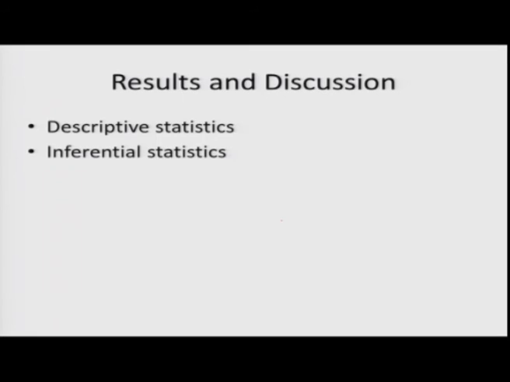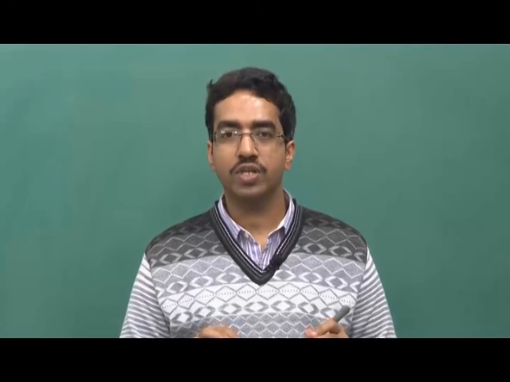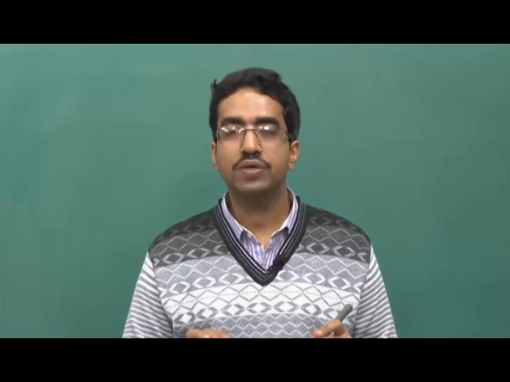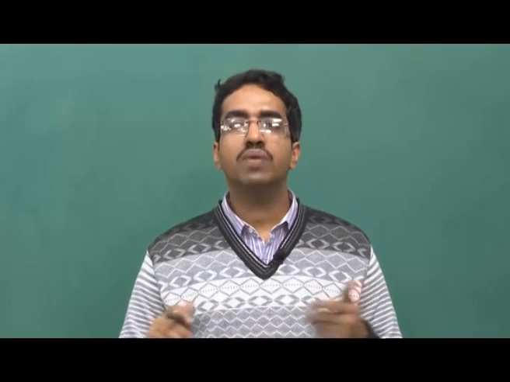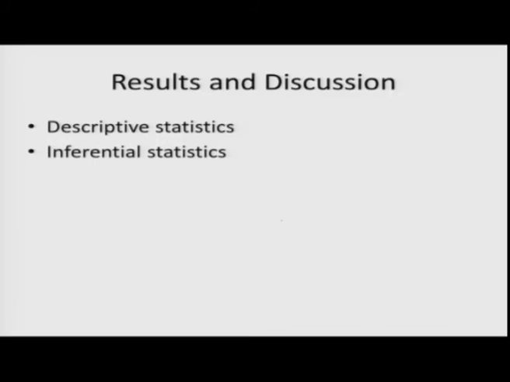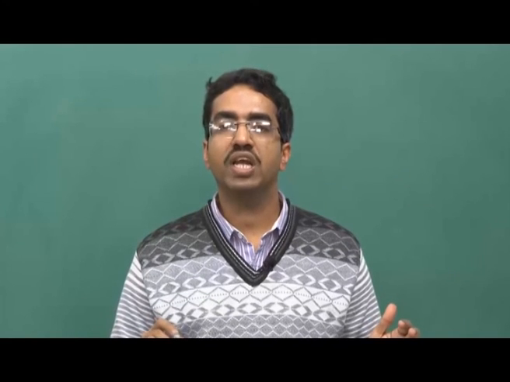Next is results and discussion. Here you interpret your data and you tell readers what that data means. In research context, usually we talk of descriptive statistics and inferential statistics. Descriptive statistics usually includes your mean, median, mode kind of scores.